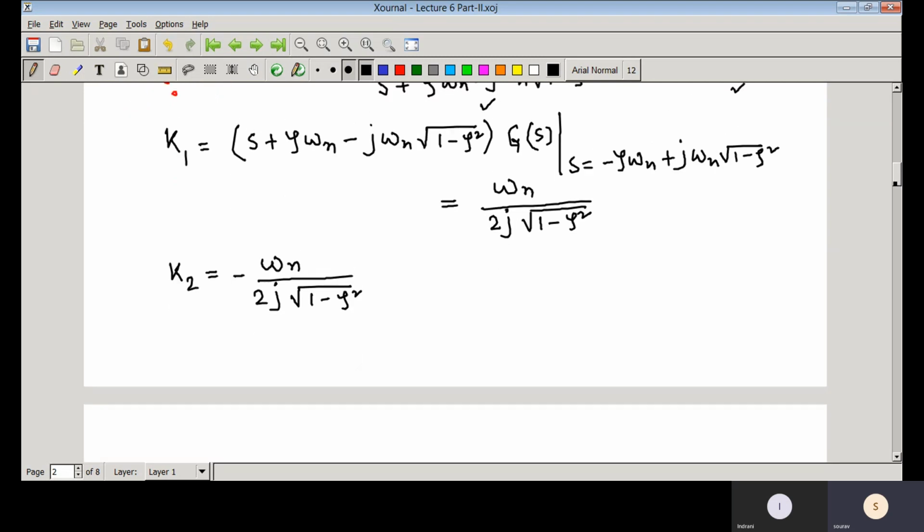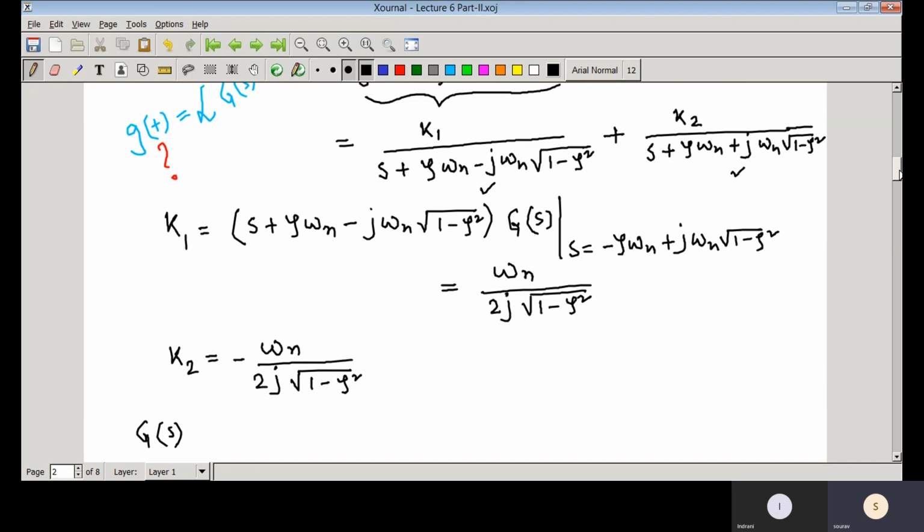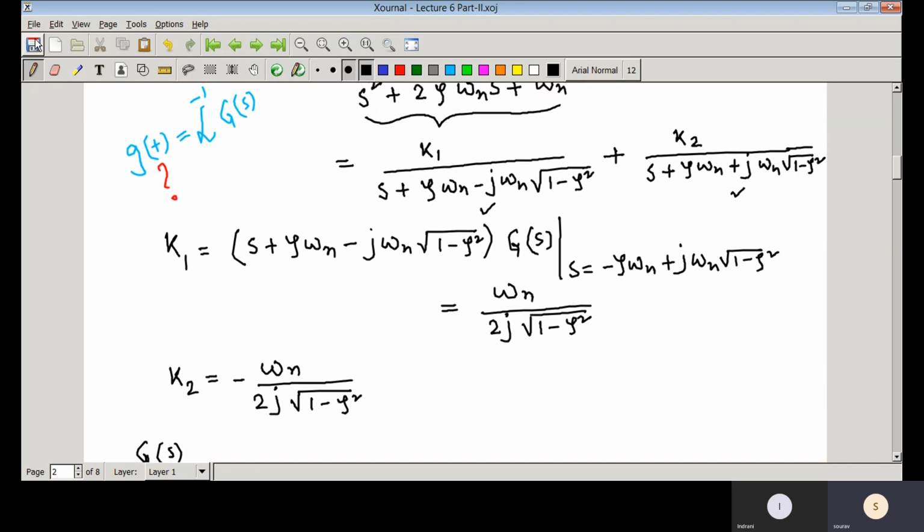So after finding the coefficients, you can write what G(s) is. For G(s), you just replace these two coefficients, K1 and K2, here.